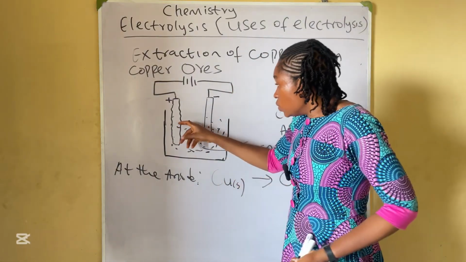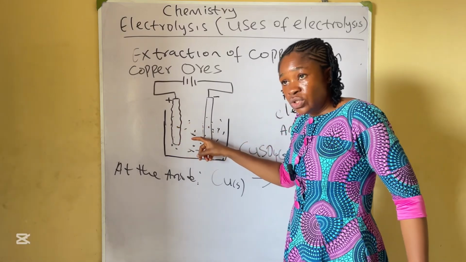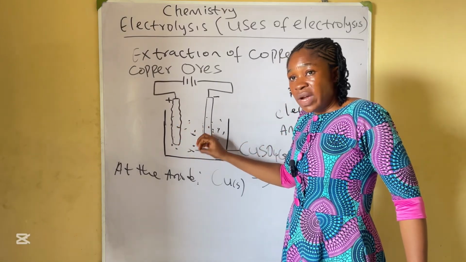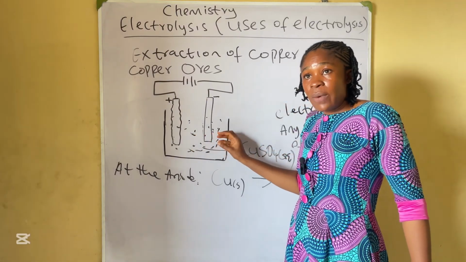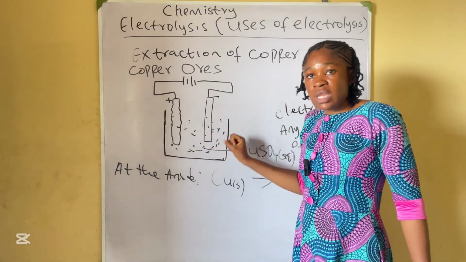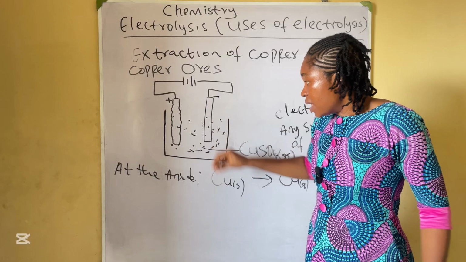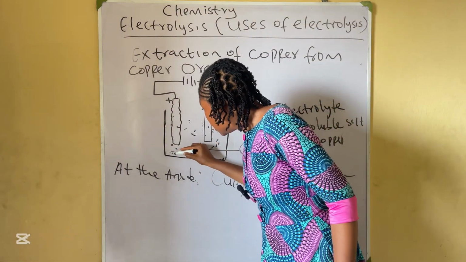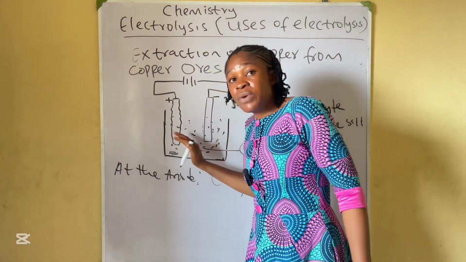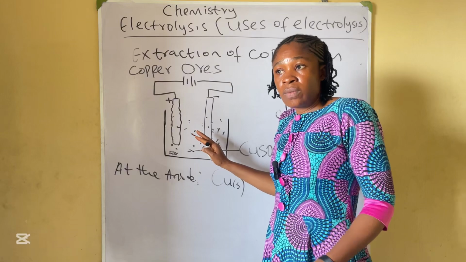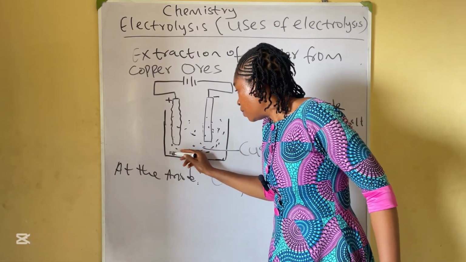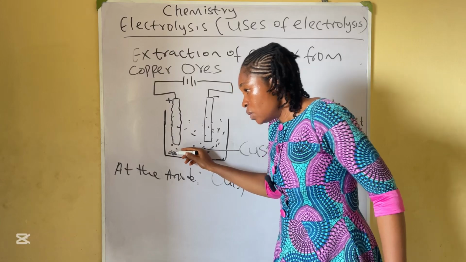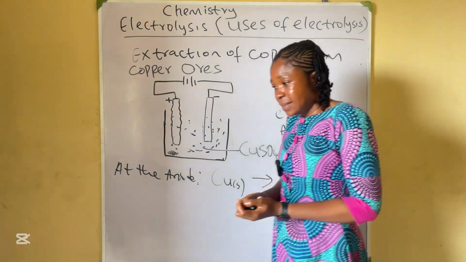The copper from the anode dissolves in the solution to form copper(II) ion, which also migrates to the cathode, accepts electrons and becomes deposited as metallic copper. The impurities in the ore, like sand and carbonates, will settle down at the bottom.